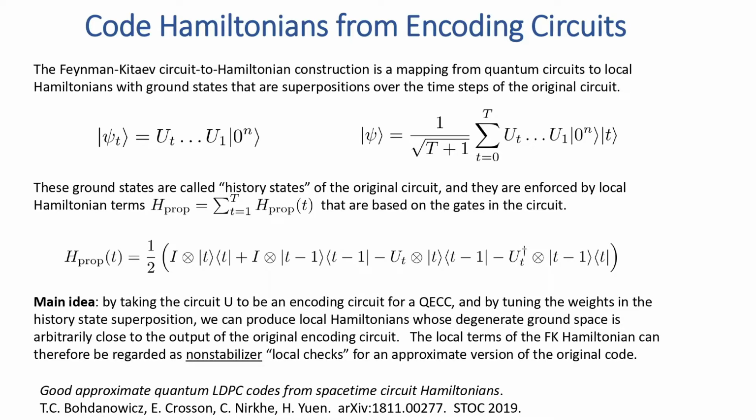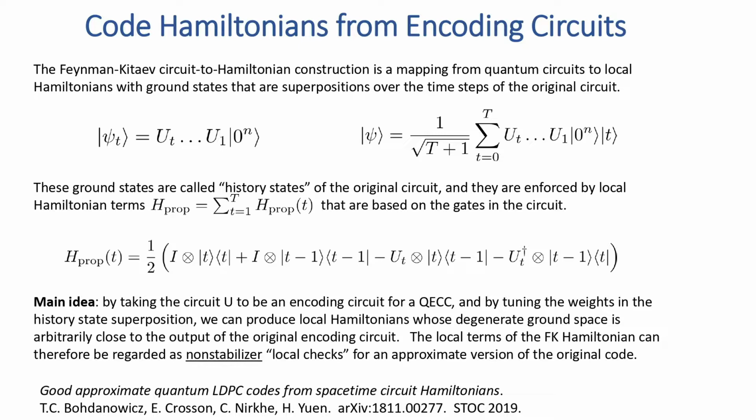So all of this framework has existed for 20 or even 30 years. It goes back to Feynman. But the main idea of our work is that we take the circuit to be an encoding circuit for a quantum error correcting code.